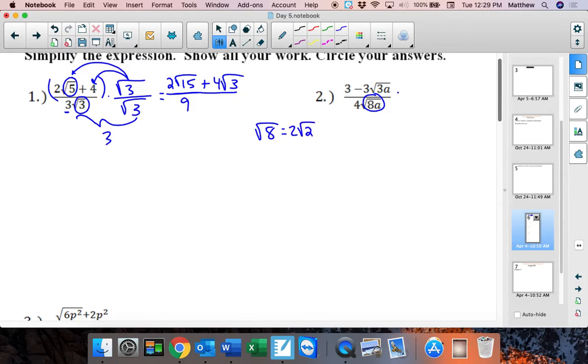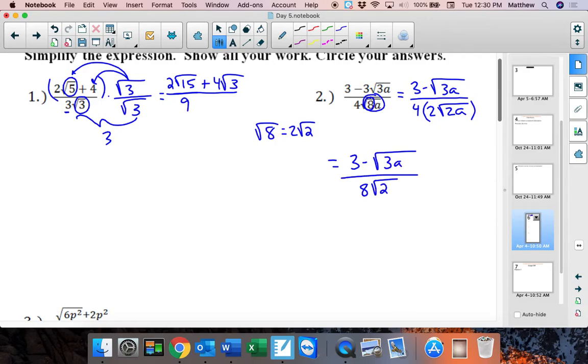So if I were to rewrite this, I'd have 3 minus root 3a over 4 times 2 root 2a. Again, I just took the root a part and turned that into 2 root 2a. Okay, so that gives me 3 minus root 3a all over 8 root 2a.